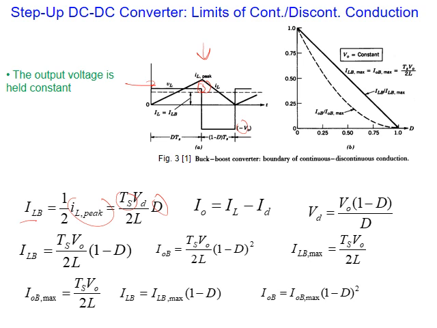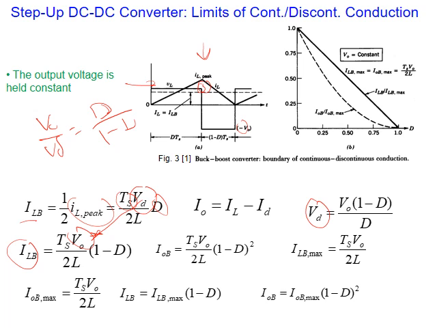We can substitute for VD, because we know that VD is VO times (1 minus D) over D from the formula we derived before, which is D over (1 minus D). So when we substitute, we convert the formula in terms of VO.